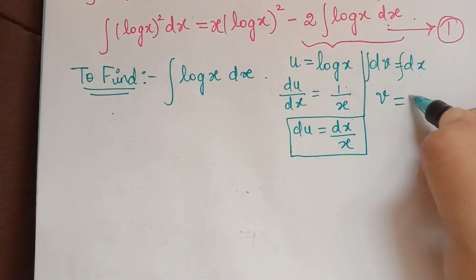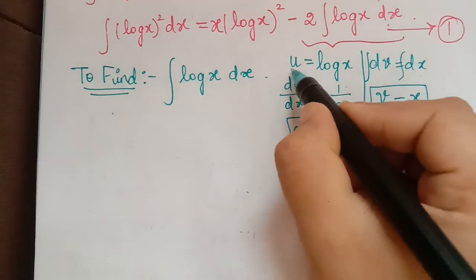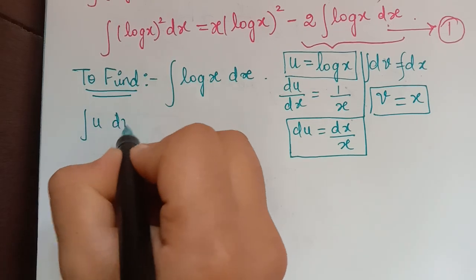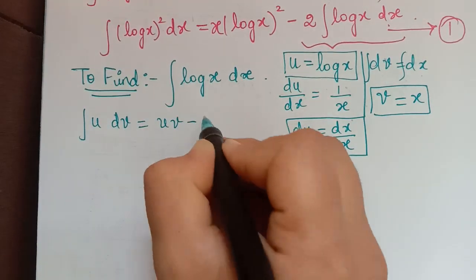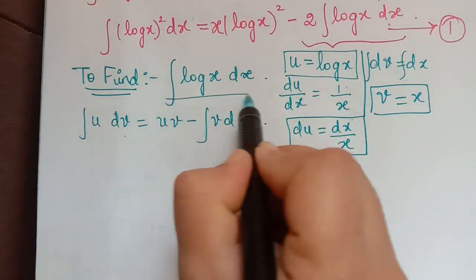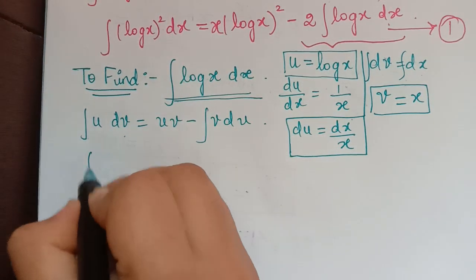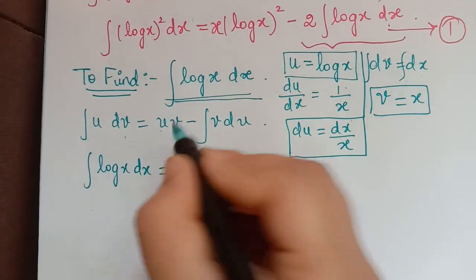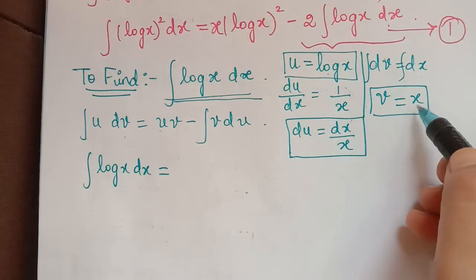So now we have to use this again in the formula, that is integral u dv is equal to uv minus integral v du. Now integral u dv is what we are finding, that is integral log x dx. So that is equal to uv. u is what? log x. v is x.